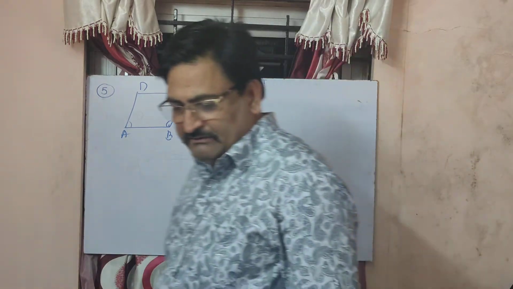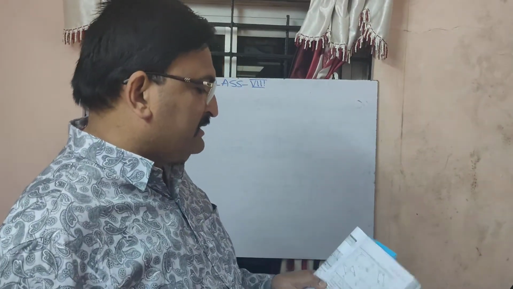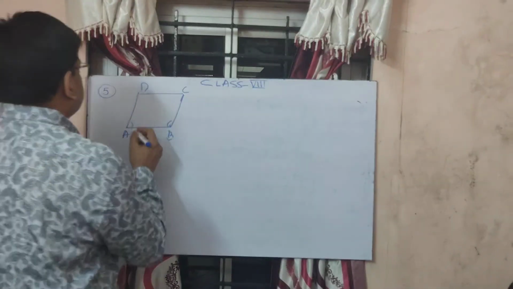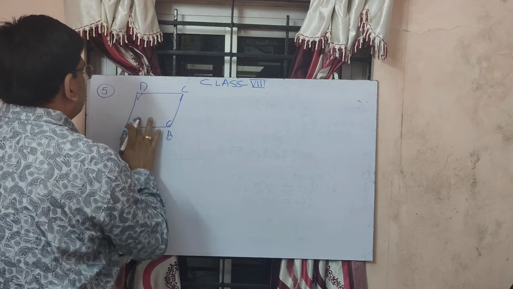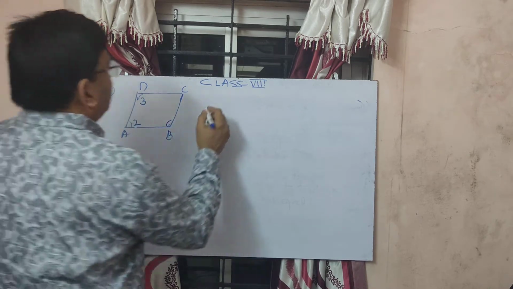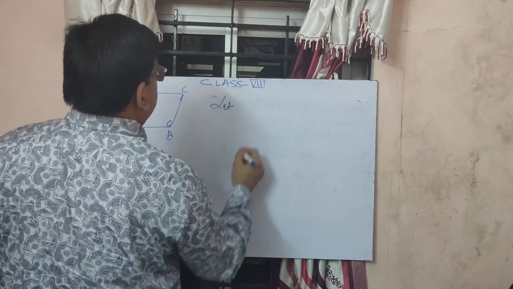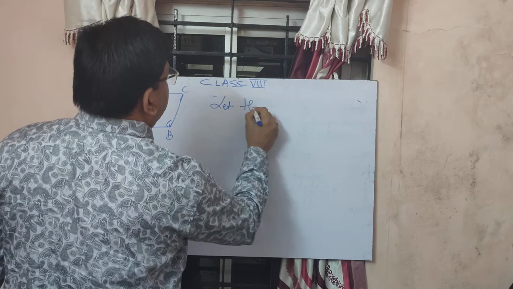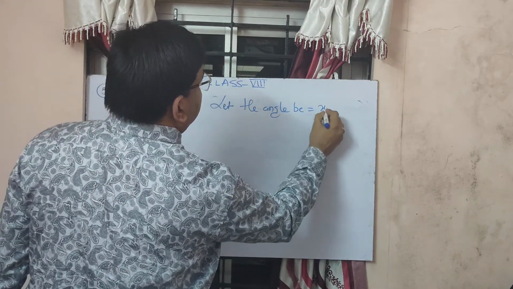Now, what is given here? The measures of 2 adjacent angles of a parallelogram are in the ratio 3:2. So this should be 3 and this is 2. Now let the angle be x.